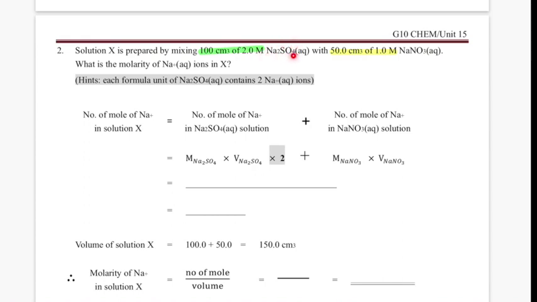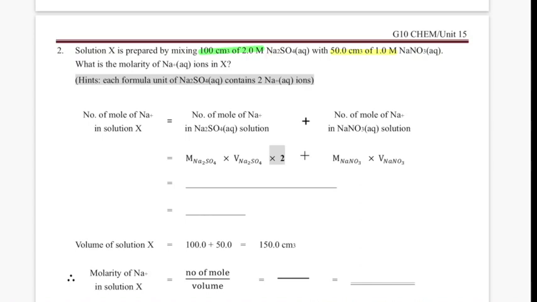So here for sodium sulfate, for 1 formula unit, it will release 2 sodium ion. So after we work out the number of mole for sodium sulfate, we need to multiply by 2 in order to work out the number of mole of sodium ion it can release.